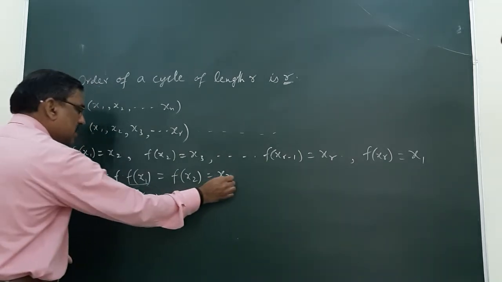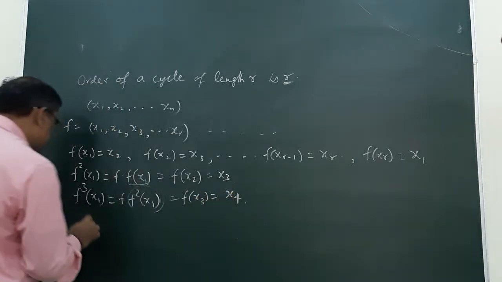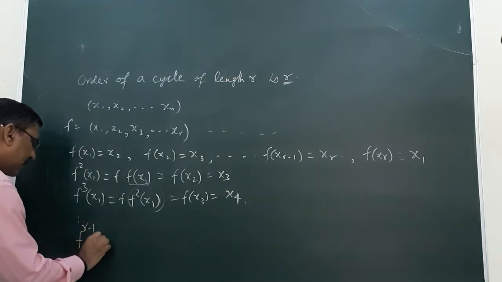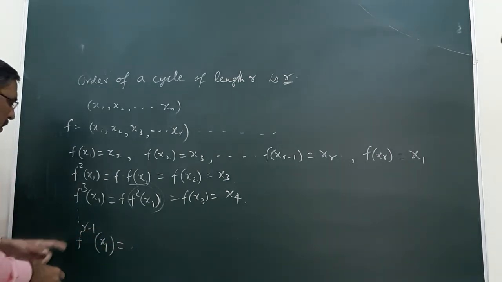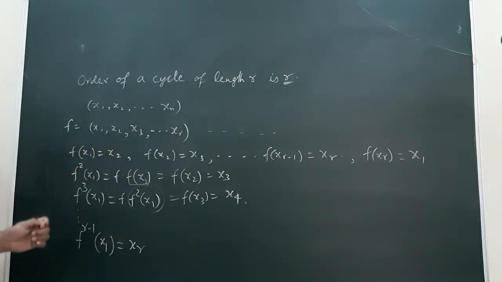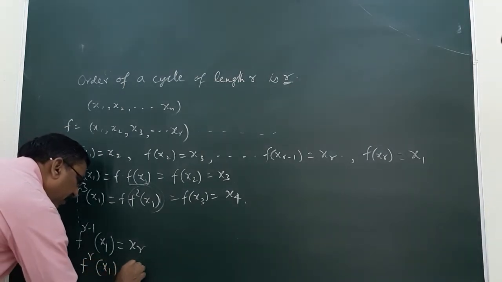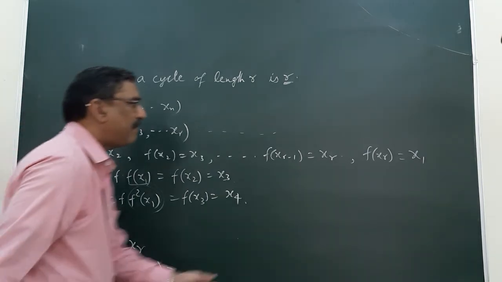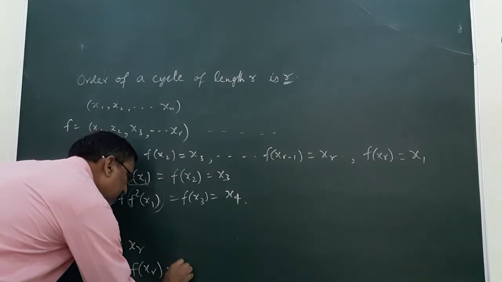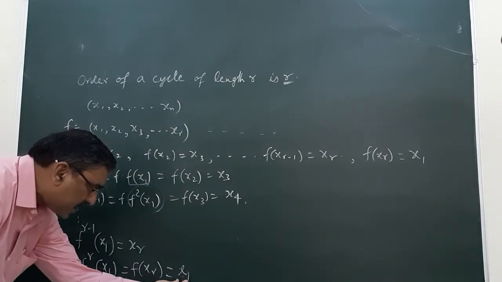As we find this is x3, so this is F(x3) and this is equal to x4, and in a similar way F^(r-1) of x1 is equal to xr, and F^r of x1 is F of xr, and we know that F(xr) is nothing but x1. So the first time, the image of x1 under the operator F gives us the same element.